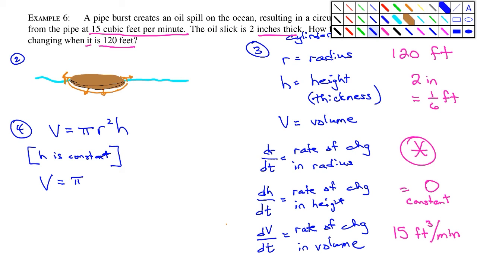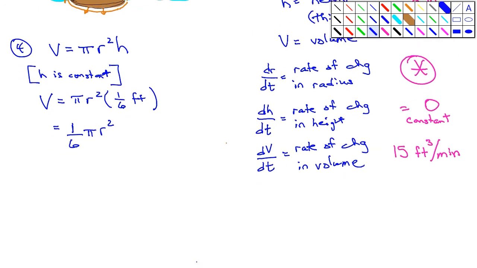So it's pi r squared times 1/6 foot. And then that can go into the front. So it's 1/6 pi r squared. And then we already know that that's going to be feet, but we'll leave that off. So that's actually the volume formula for this particular case of a cylinder where the thickness doesn't change. Only the radius is changing.